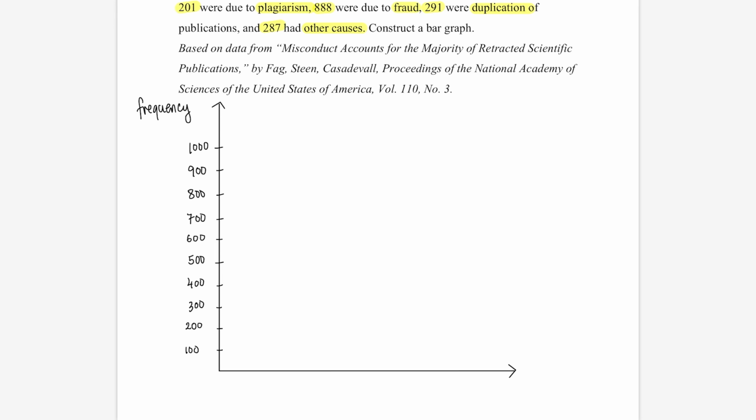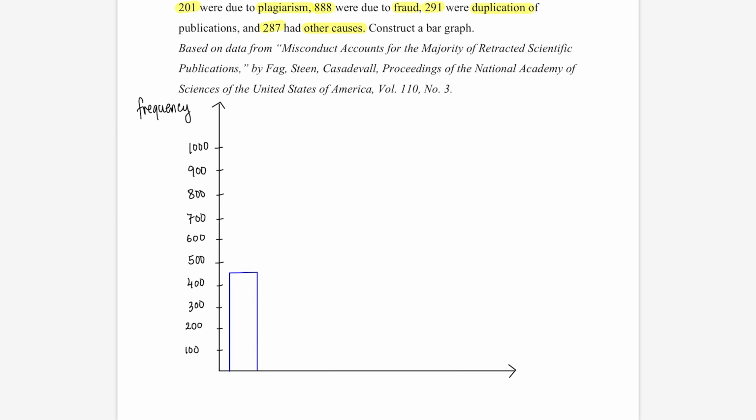To construct a bar graph, we will need a vertical scale and a horizontal scale. In this example, I will let the vertical scale represent my frequency and my horizontal scale represent my variable. The first category is error, which has a frequency of 436.